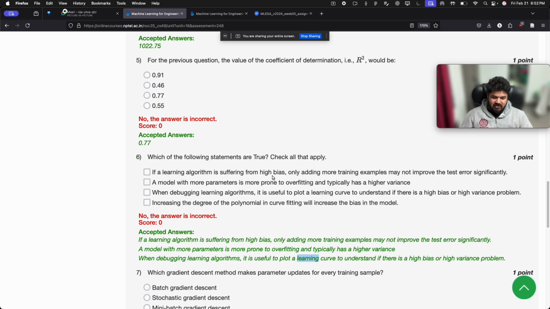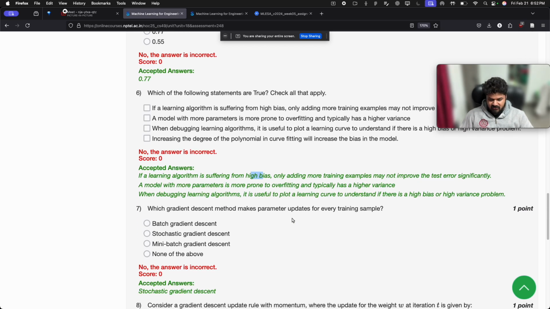If the validation error is high and training error is low, it has overfit. If both are high, it has high bias. So if your algorithm suffers from high bias, only adding more training examples may not improve it. You might have to increase the parameters to reduce bias.